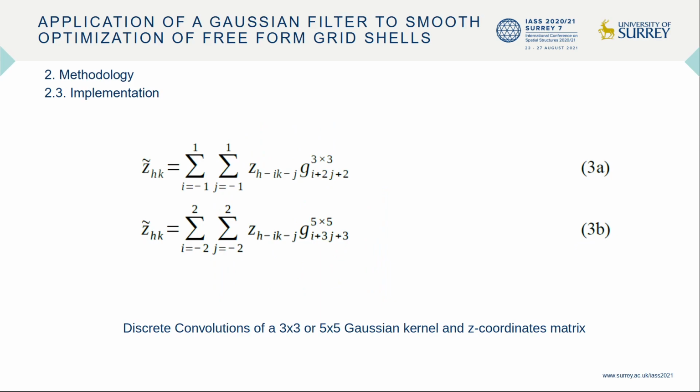The most straightforward way to apply the smoothing technique to a grid shell's curved surface is the convolution of the global z-coordinates of the grid shell and the kernel function. Z on the right are the original z-coordinates and the updated z on the left are the smoothed z-coordinates.